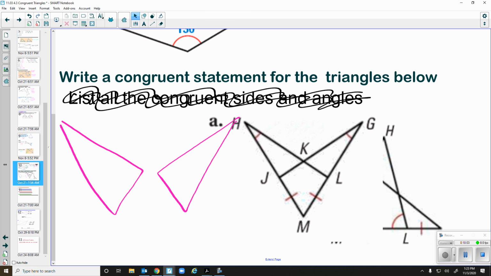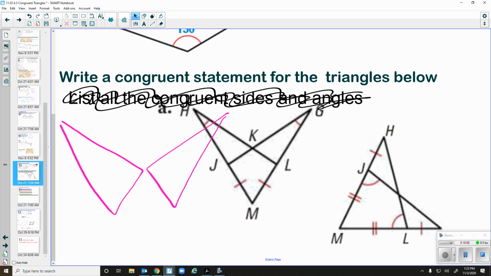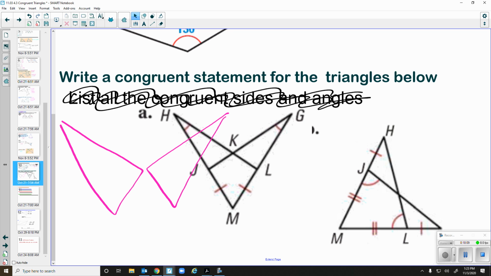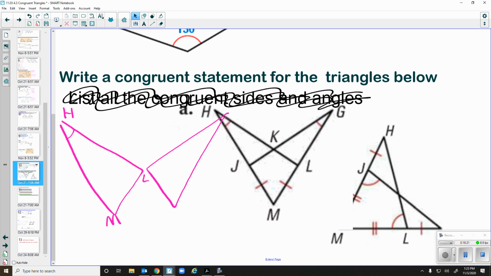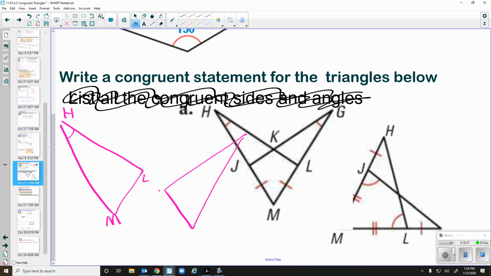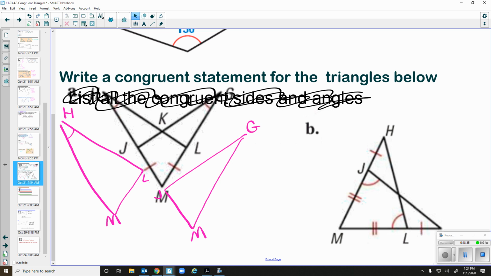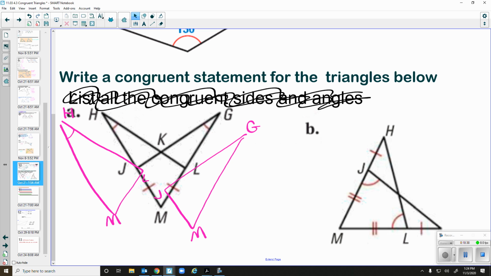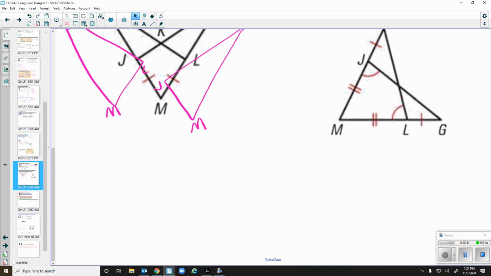If you draw it off to the side, this one has your line here, it was H, this was L and M, and then if you look at the other one, this one is J, G, and M. So if you draw them out to the side instead, sometimes it makes it a little bit easier if you're uncomfortable with the overlapping part. If you don't mind the overlapping part, then okay.